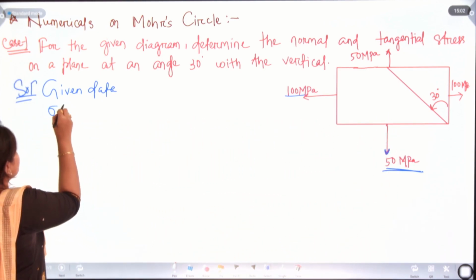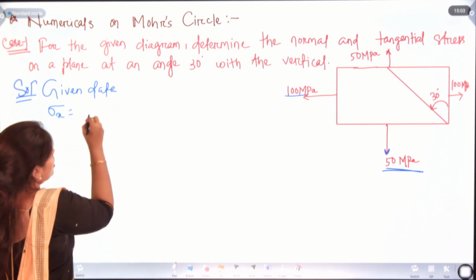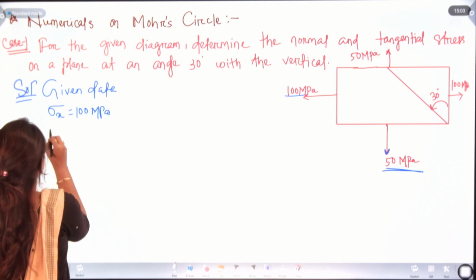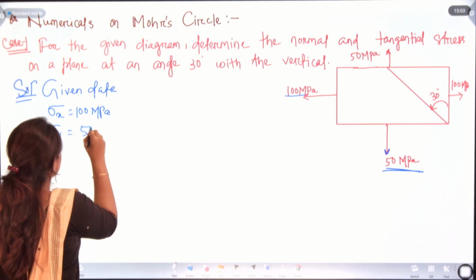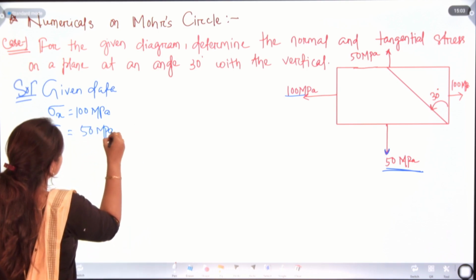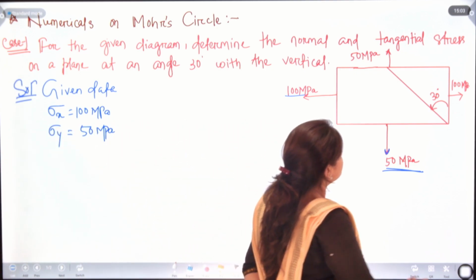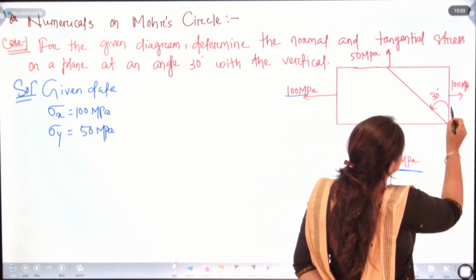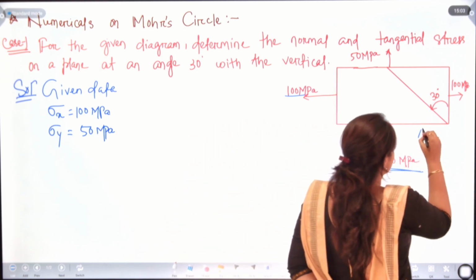So, we can take sigma x as 100 megapascal and sigma y as 50 megapascal. Okay. So, the angle is given, that is 30 degree. Here you can see this angle is acting in anticlockwise direction.